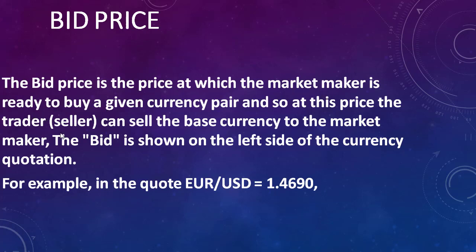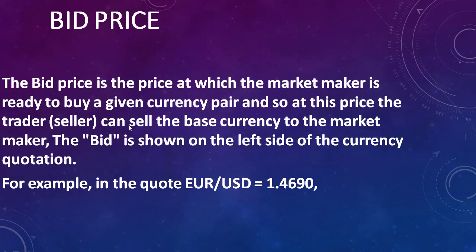Since you have some rand and you want to exchange it for USD, it means the bank will buy rand from you, while you are taking back US dollars. The bank is actually selling you US dollars. So in this case, you are the seller, while they are the buyer.